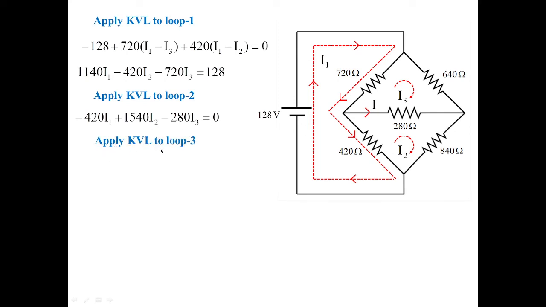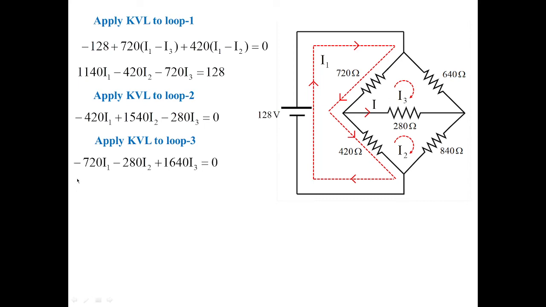Similarly, I'm going to apply KVL to loop 3, this particular loop. Here I3 will be the dominating current. All the resistances associated with I3, 720, 640, 280, will be summed up for I3, and the other two currents will have negative signs because this is the dominating loop.